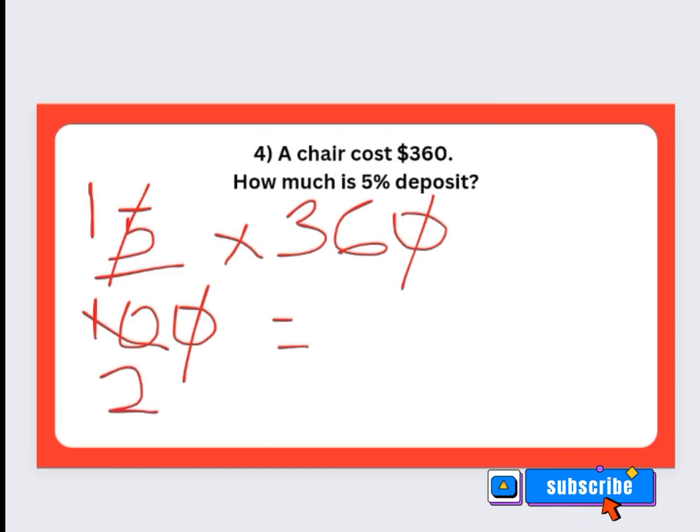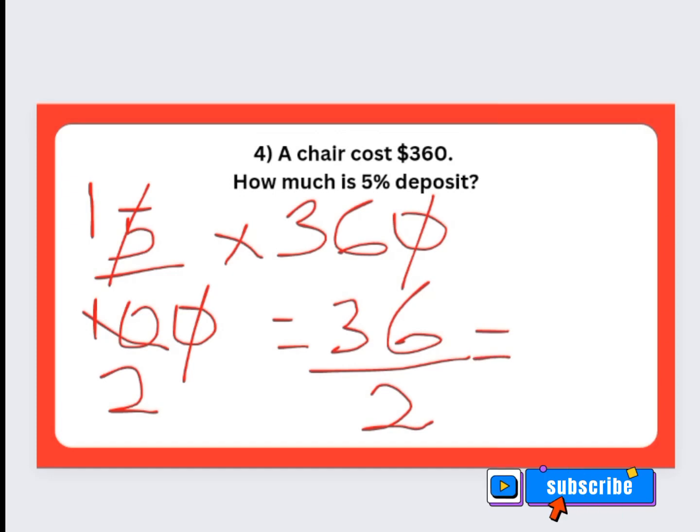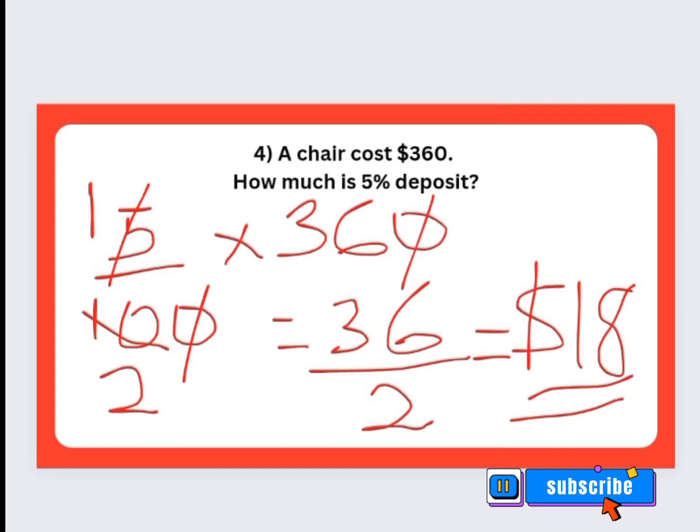Okay, so 1 times 36 is 36 over, we have the 2 here, and then our 5% deposit is 18. Okay, so we have our $18.